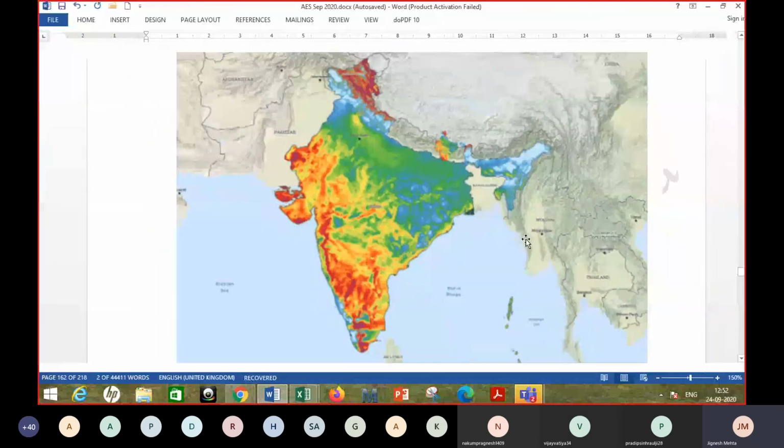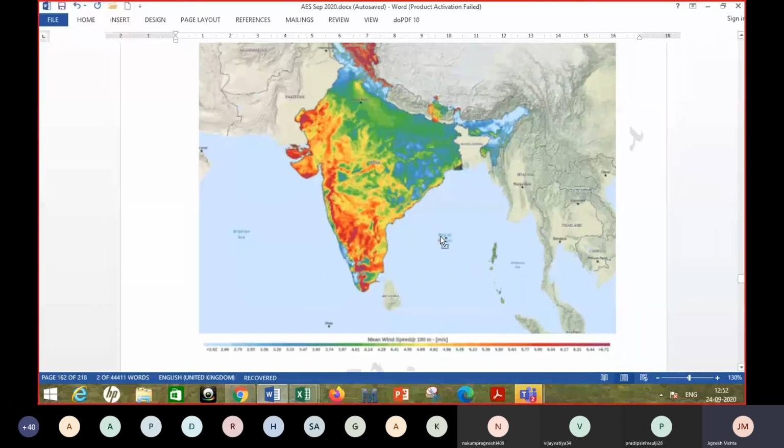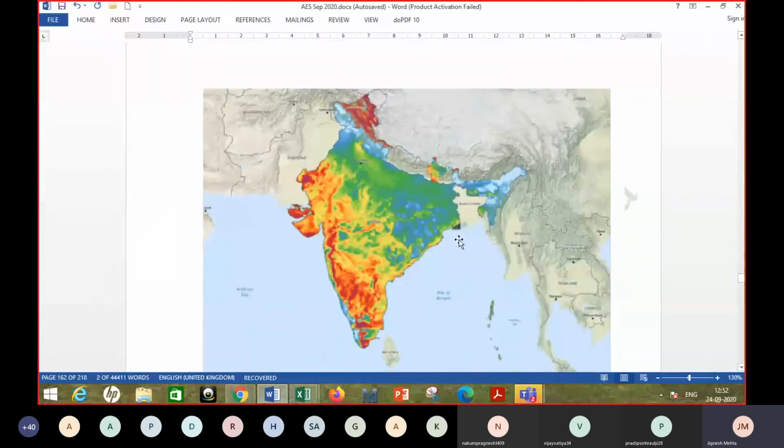This chart just shows the wind velocities, and the red color shows high wind velocity. So those are the potential sites where you can expect a good amount of power generation from the wind. All those places with dark red and maroon color are good places where you can put up wind turbines.